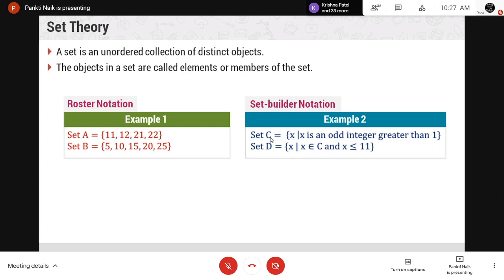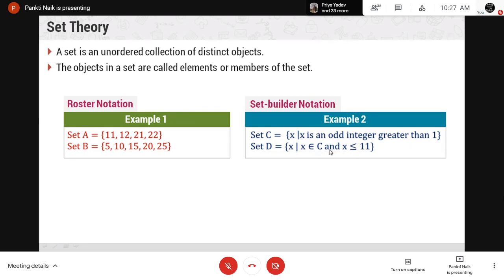So the objects of this set are all the odd numbers greater than 1, and they are all part of C. And set D is equal to x is an element of C and x is less than or equal to 11.